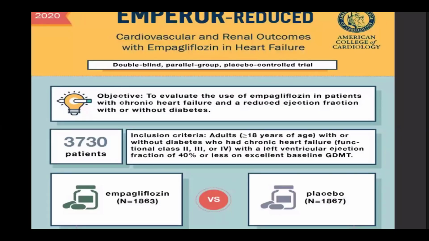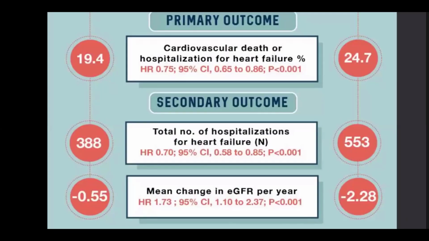Similarly, empagliflozin, this trial included patients who have more severe heart failure symptoms. Although the EF cutoff was the same, 40% or less, the BNP levels were higher as compared to the DAPA group, the last trial that we discussed. And again, with or without diabetes mellitus.